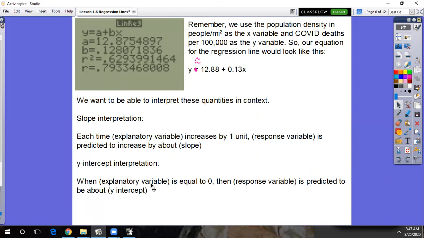That doesn't really make sense, because if there's no people, nobody could be dying from COVID. So this y-intercept is more of a starting point for the graph. It's saying if this were 0, you would be predicted to have this. It's sometimes not going to make sense in the context of the problem, and that's okay. That doesn't mean that you're wrong.